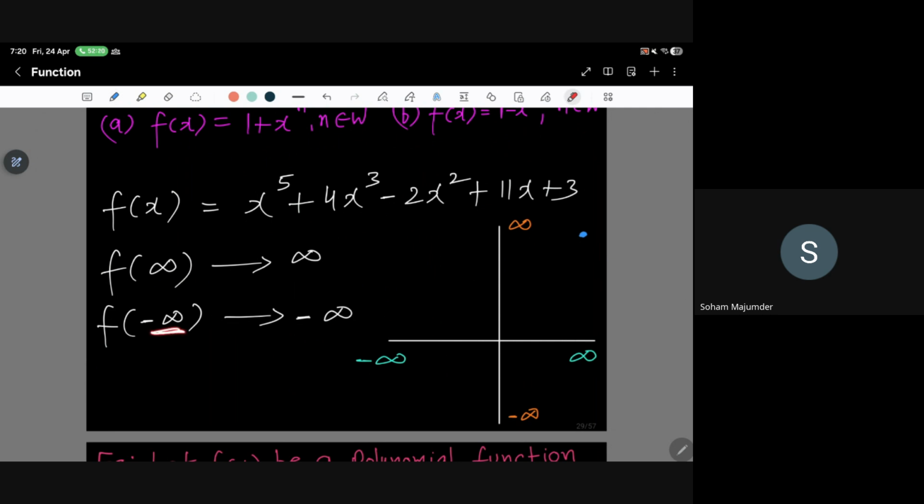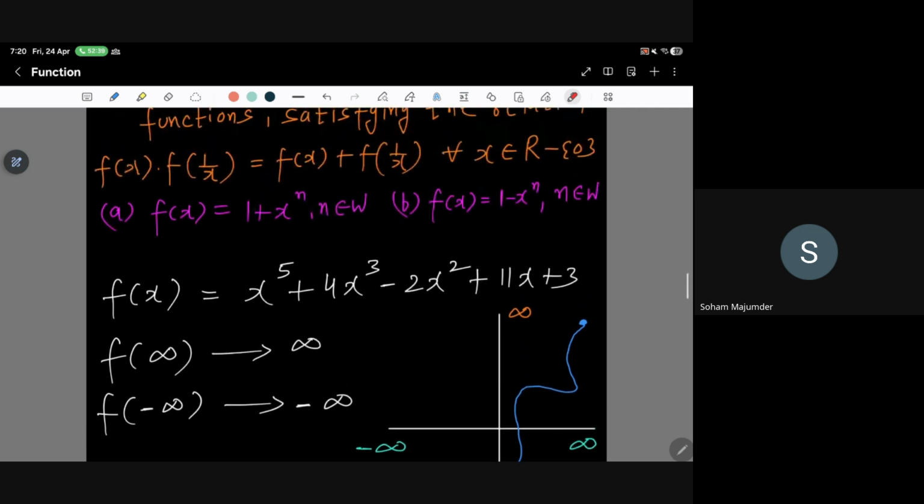When x is minus infinity, y is also minus infinity, so you are somewhere here. Your graph can have any shape, it can go any way, but it is going from minus infinity to plus infinity, so it is covering all values on the y-axis.